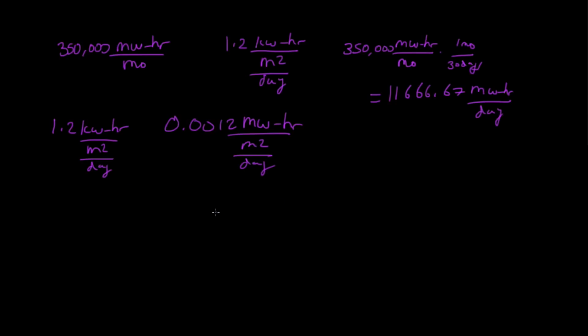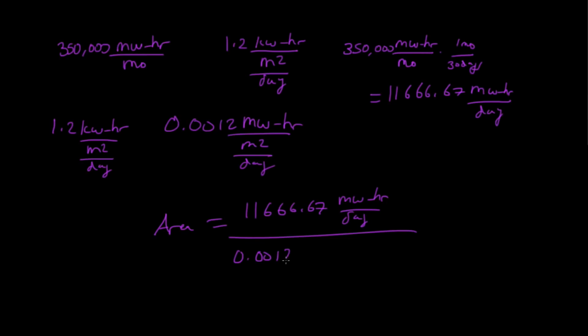So our final answer is our area required to provide power to El Paso is 11,666.67 megawatt hour per day divided by 0.0012 megawatt hour per meter squared per day.